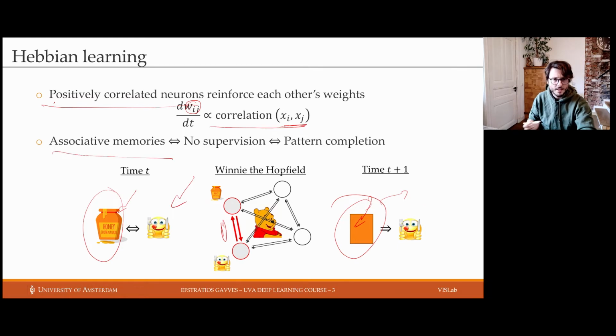So this is how we create associative memories: memories that associate part of the input with the rest of the input.